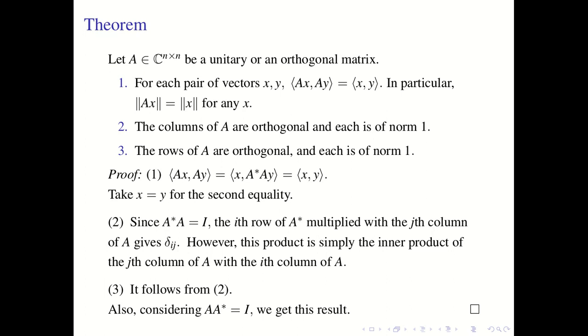If A is a unitary or an orthogonal matrix, then inner product Ax, Ay is the same as inner product xy. This in particular says that norm of Ax is equal to norm of x.